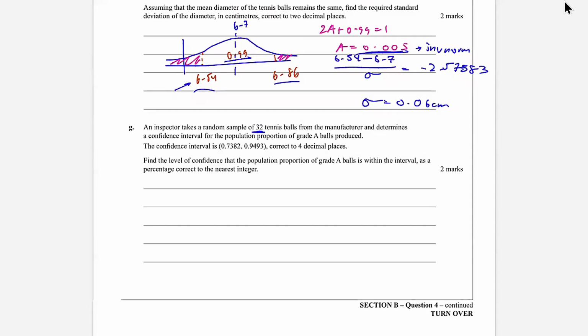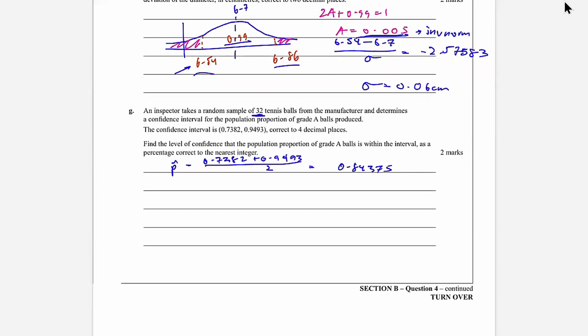So here we've taken a sample of 32 tennis balls, and we have to figure out the level of confidence. So the first thing we do is we're going to find p hat. And it's going to be the average of the two bounds of the confidence interval. And then our margin of error, which is z times the standard deviation of p hat, is going to be this.